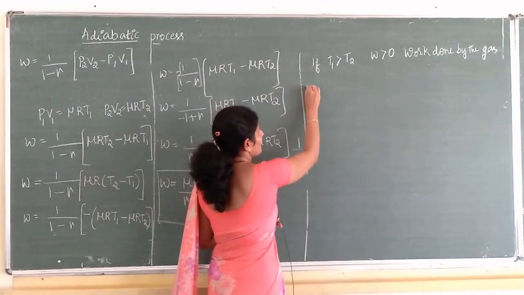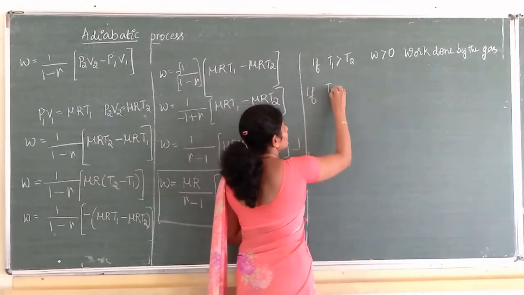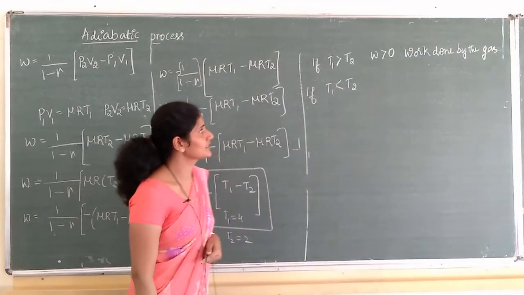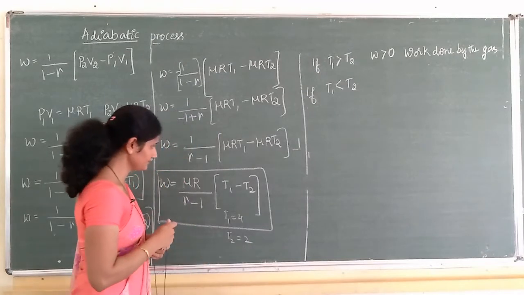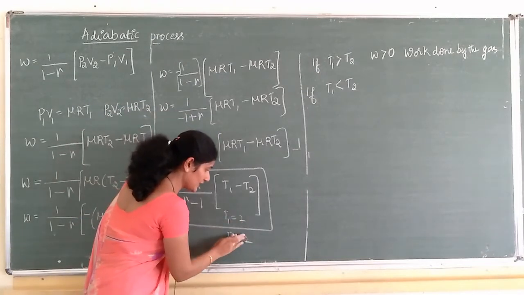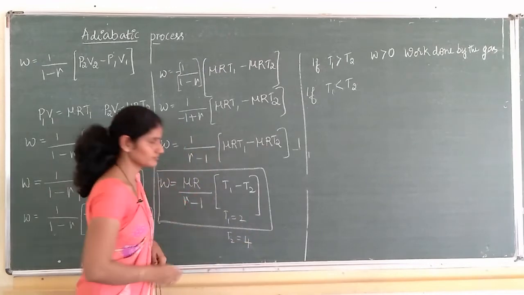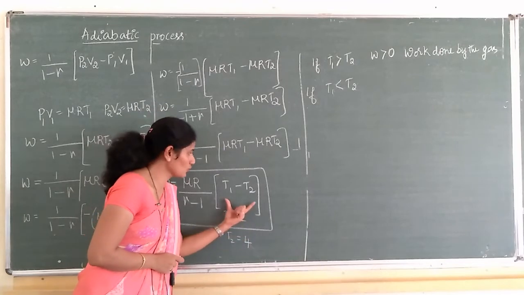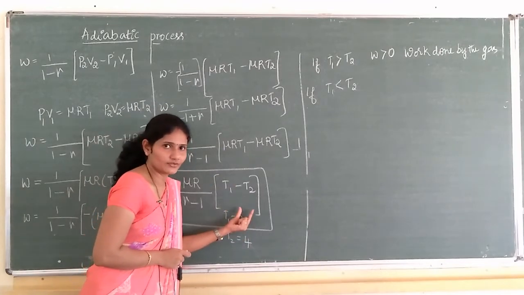If T1 is less than T2, for example T1 is 2 and T2 is 4, 2 minus 4 is minus 2. So this is negative.